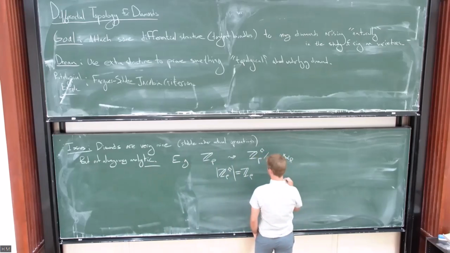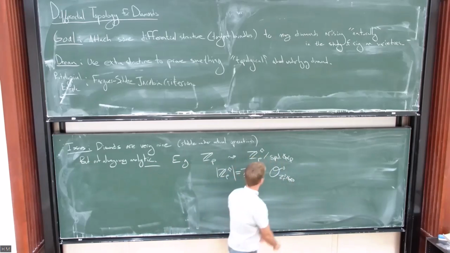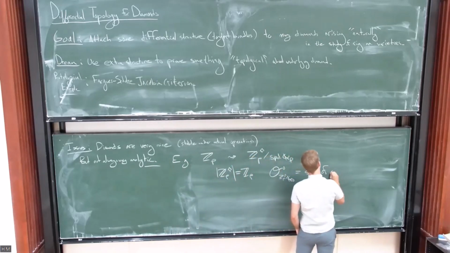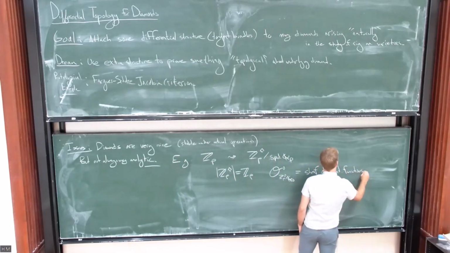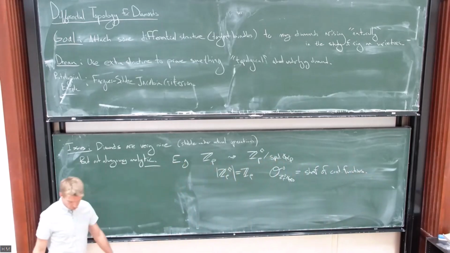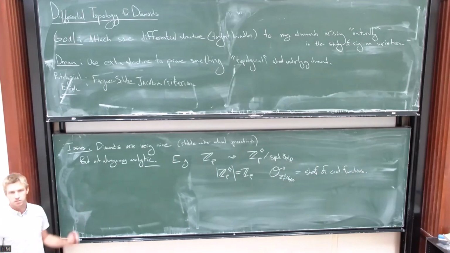The structure sheaf for this diamond over QP is a sheaf on this topological space. It is the sheaf of continuous functions on ZP. In particular, you can't tell ZP and ZP squared apart just by using this diamond structure.